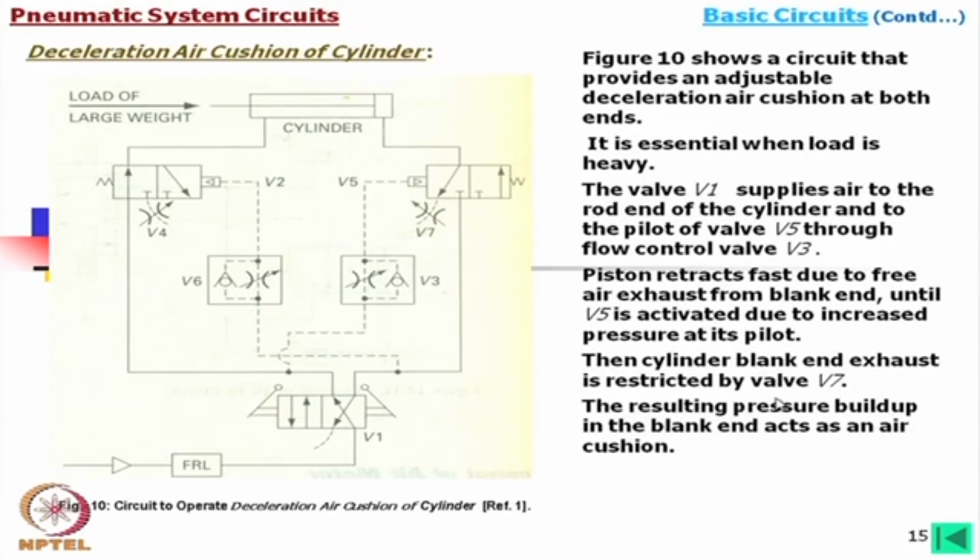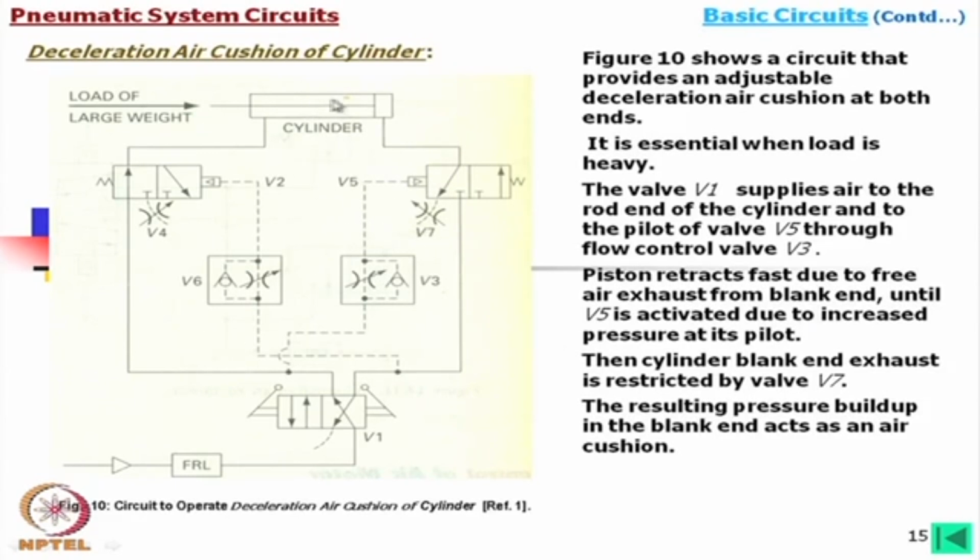So, the operation is like that: the valve V1 supplies air to the rod end, this side, and to the pilot side of valve V5 through the flow control valve V3. The piston retracts very fast from the blank end until V5 is activated due to the increased pressure.